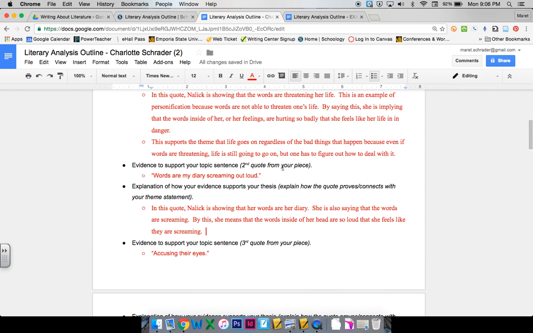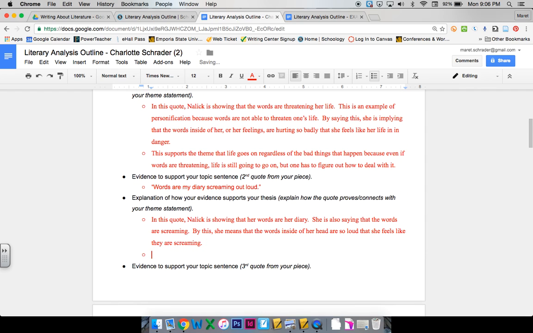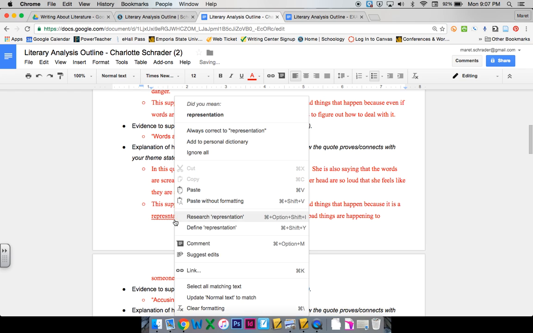That's an explanation of the quote, but what I need to do next is say this supports the theme that life goes on regardless of the bad things that happen, because it is a representation of some of the things that might happen when bad things are happening to someone.